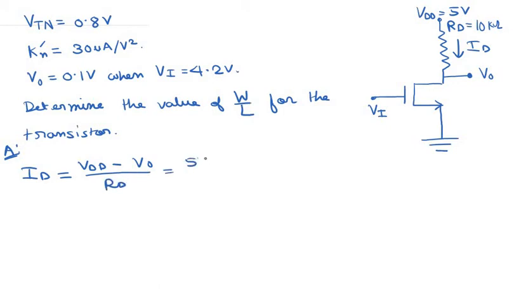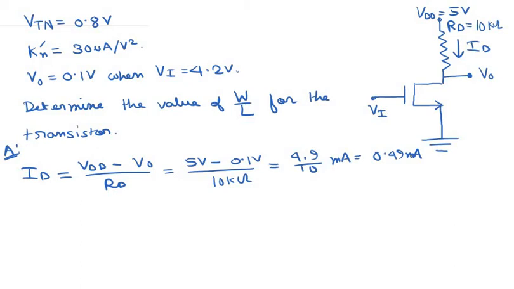So VDD is equal to 5 volts and V0 is equal to 0.1 volts, and RD is basically equal to 10 kilo ohms. So then this is equal to 4.9 divided by 10 milliamperes, which is 0.49 milliamperes. So this is basically the drain current ID.